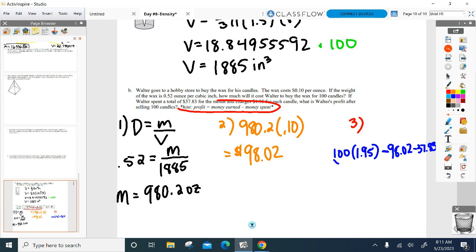He'll make this amount right here, but then he's got to subtract out what he already spent. So what are we looking at there? 195. Not really a great business plan. All that work for $59.15. Not the best business plan, huh?